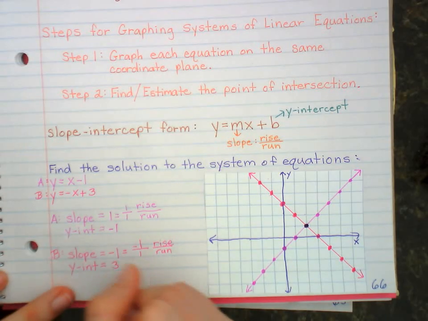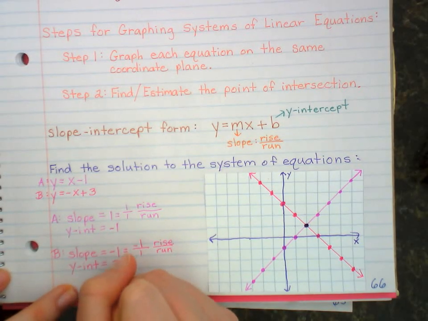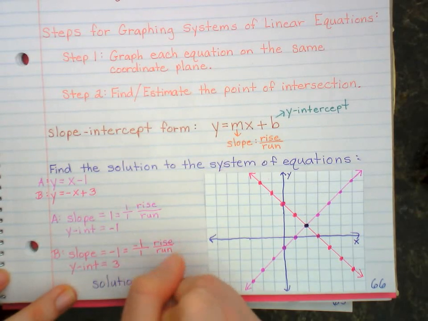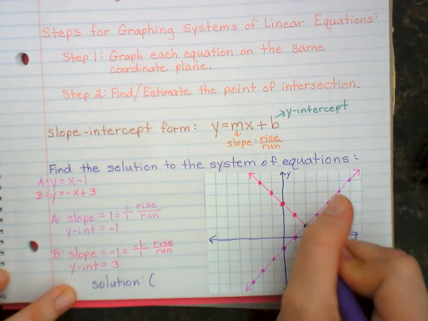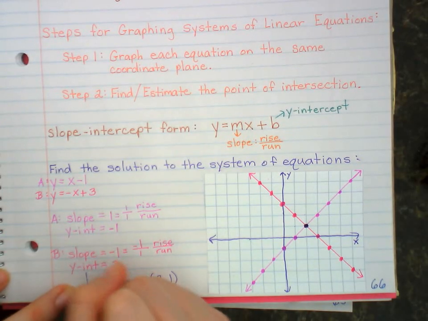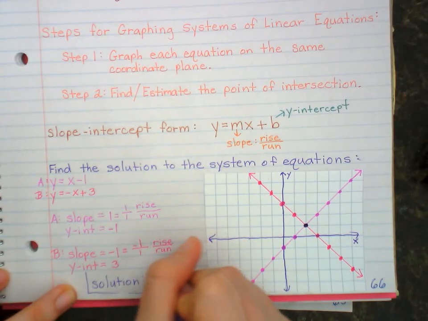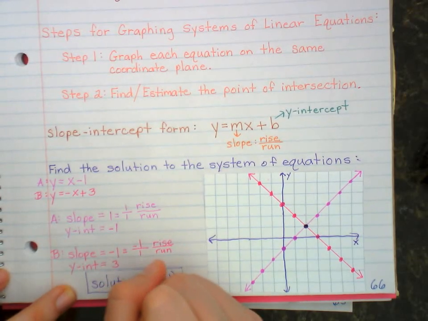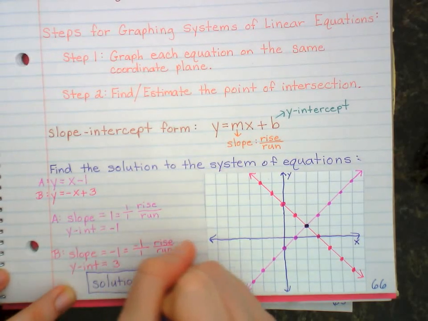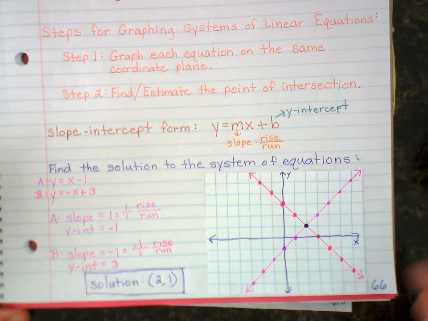So the solution is 2, 1. That is where both graphs intersect.